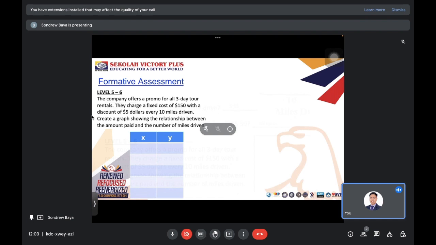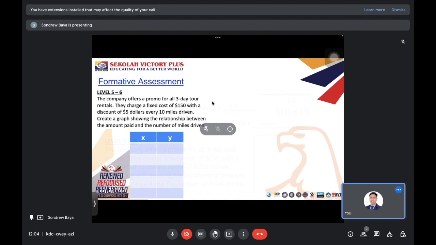So if you try to read this one, if anyone avails the 3-day tour, then they will be charged a fixed cost, meaning the amount that they need to pay is fixed, and it's $150. That is if they are going to avail the promo for the 3-day tour.